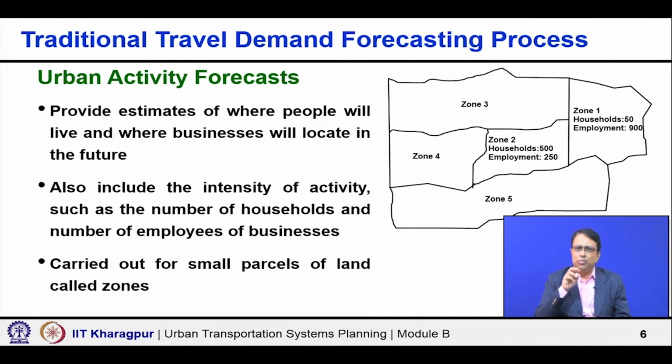So, in smaller zones, each traffic zone in the study area, how many people are expected to live, what kind of business or employment opportunities are expected to be located. These are all available through urban activity forecasts and they provide the input. Those are the real inputs which are used for the trip generation process.